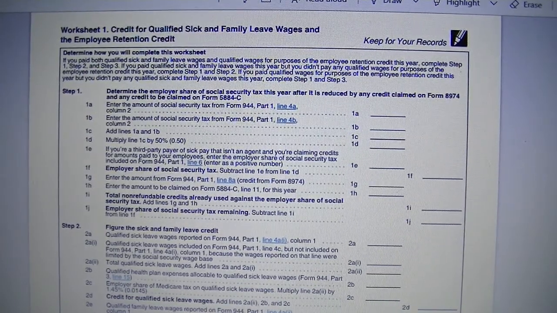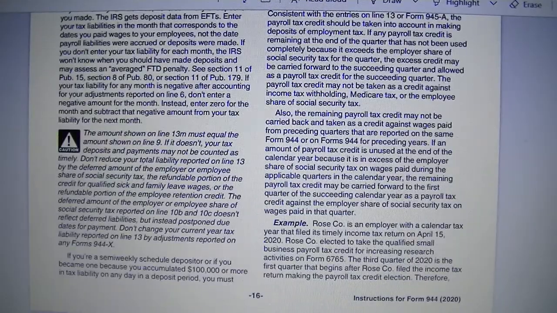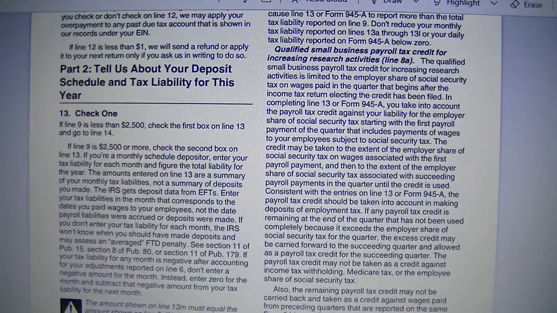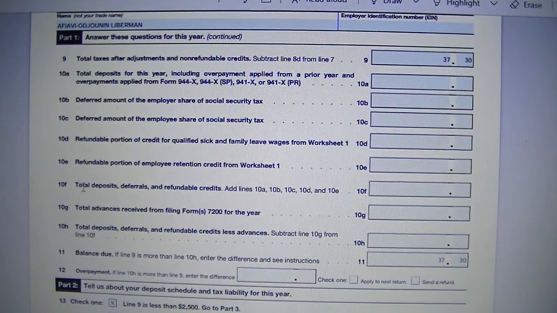So let's go back up. Okay. Line 10F, total deposits. Don't know if you address refundable. Yeah, so this is there as well.